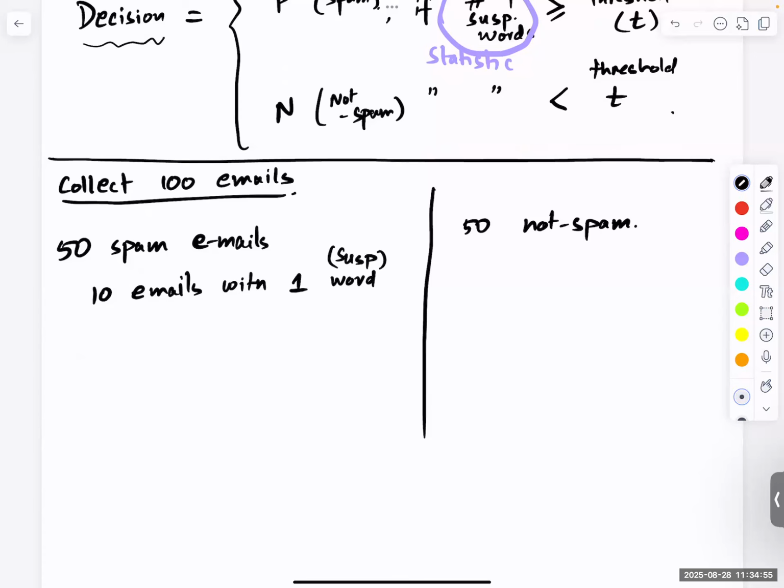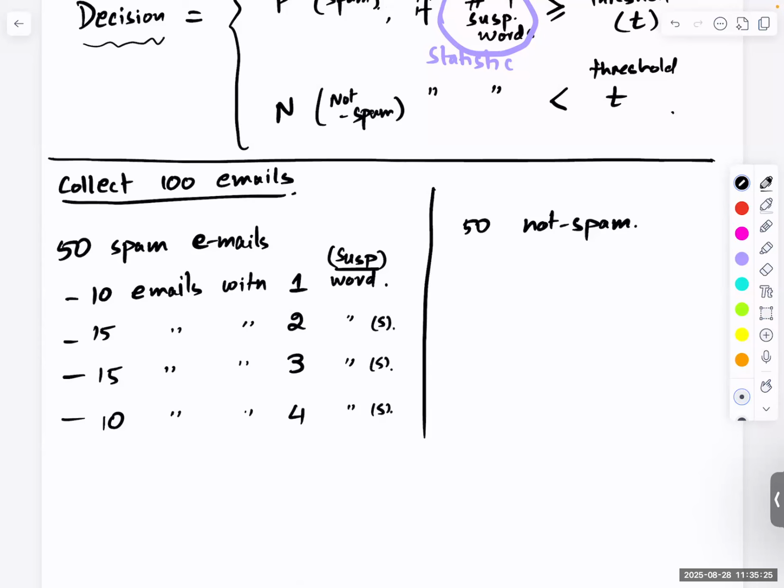I'm just going to write "suspicious"; this is the statistic. Let's say 15 emails had 2 suspicious words, 15 emails had 3 suspicious words, and 10 emails had 4 suspicious words. So this is my data distribution of the 50 spam emails that I recorded.